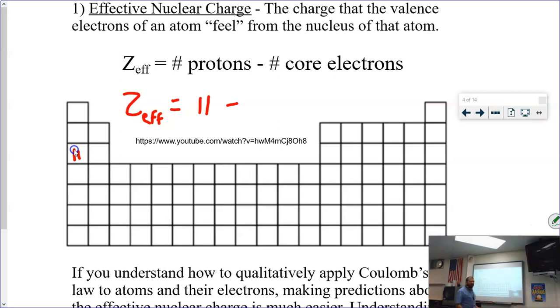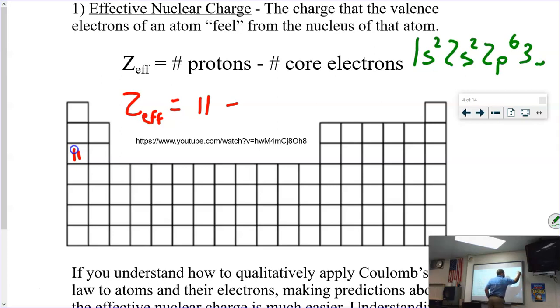So sodium has 11 electrons. Let's go through that order, okay? To represent those 11 electrons in an electron configuration, we start with 1s2, 2s2, 2p6, 3s1.